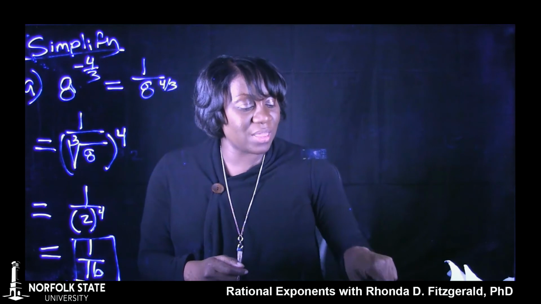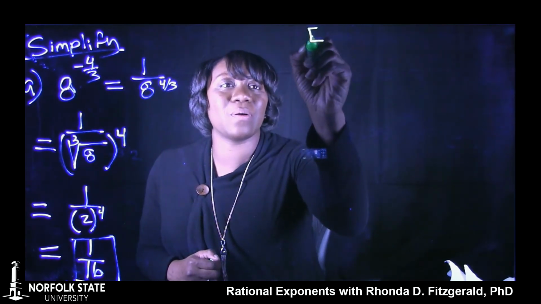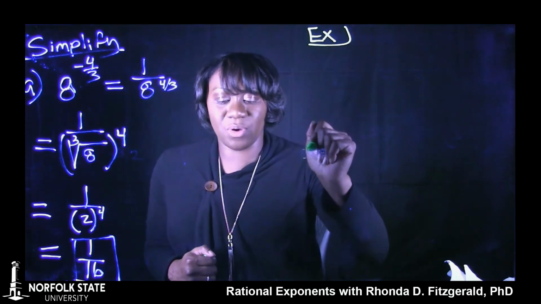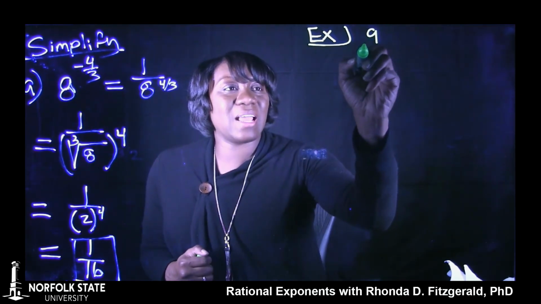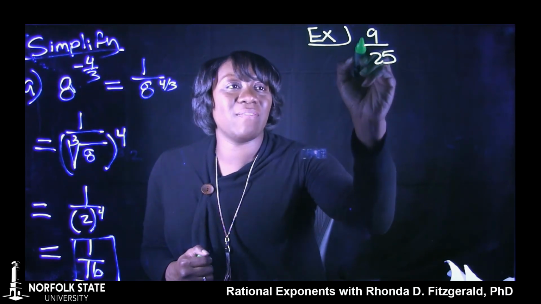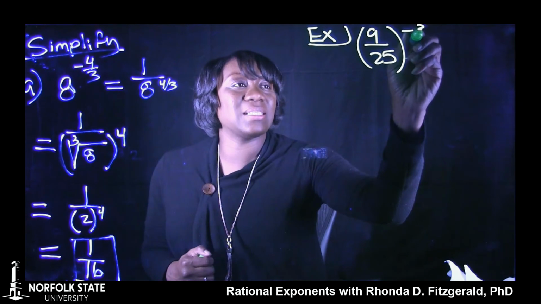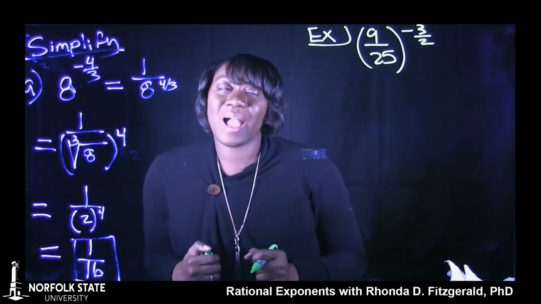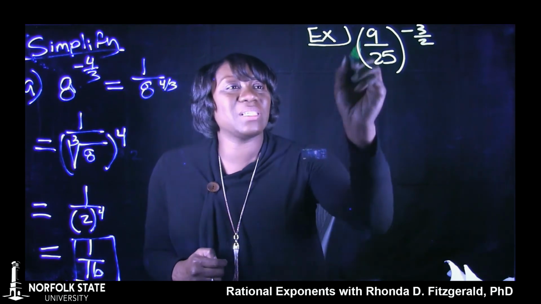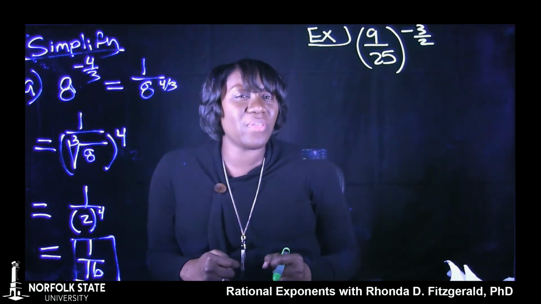Now let's look at one other example. In this example, I want to simplify 9 over 25, and I want to raise it to the minus 3/2 power. So once again, I have a negative exponent, but in this particular case, I'm starting out with a fraction. So how do I do that?